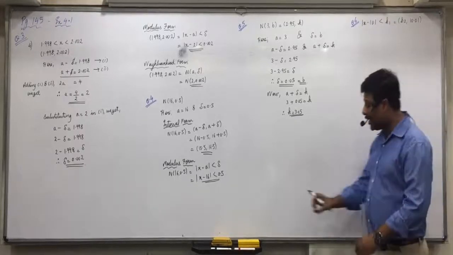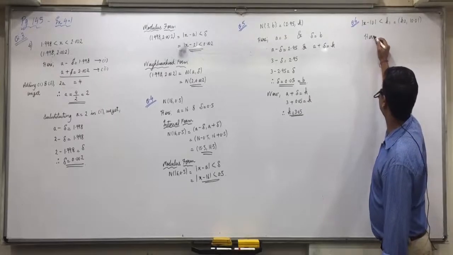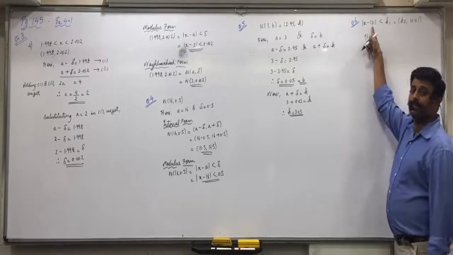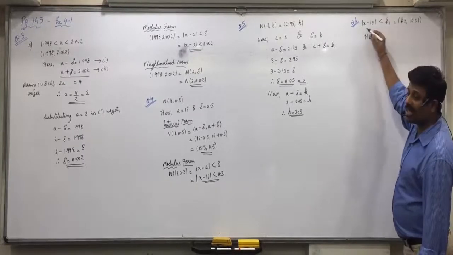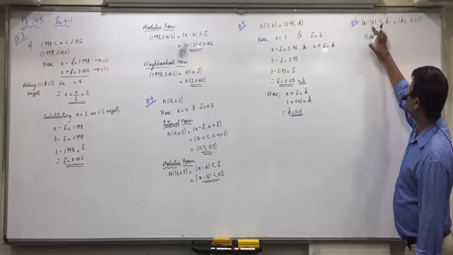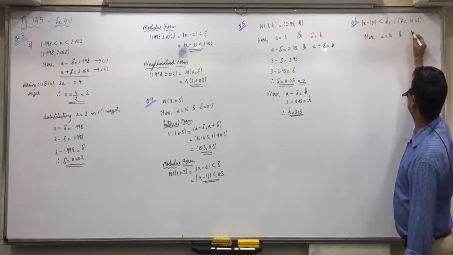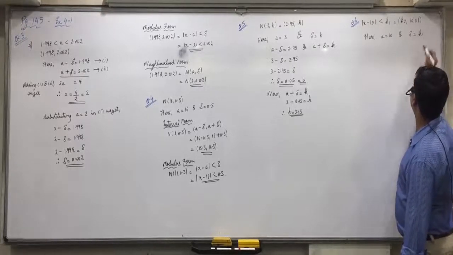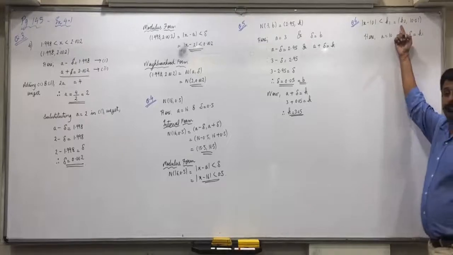First of all, let us interpret the information. Okay, Ritu, what is 10 and k1? Delta. Okay, this is modulus form. In modulus form, x minus a less than delta. So a is 10 and delta is k1. Is everyone clear with this? And Krina, what is k2?